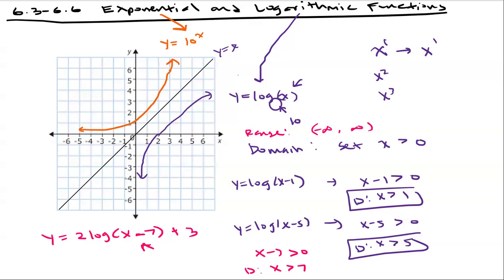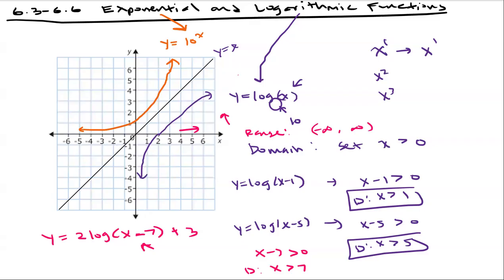Okay? If I go back to this graph here, well, all this other stuff is just fluff. What do I mean? Well, we know x minus 7 means it's going to go to the right 7. And then the plus 3 means it's going to go up 3.